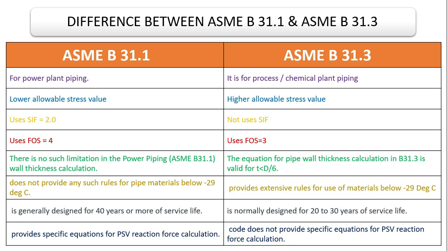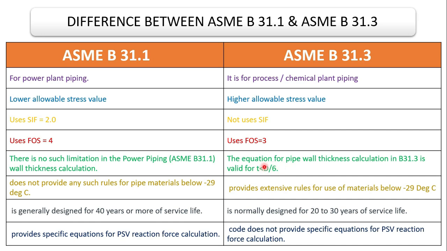And the factor of safety is 3 for ASME B31.3. There is no such limitation in the power piping wall thickness calculation. The equation for pipe wall thickness calculation in B31.3 is valid for t less than D by 6.